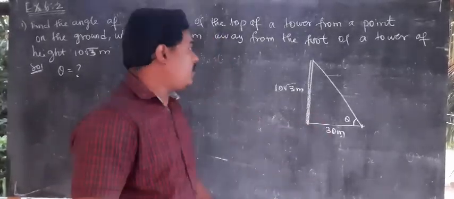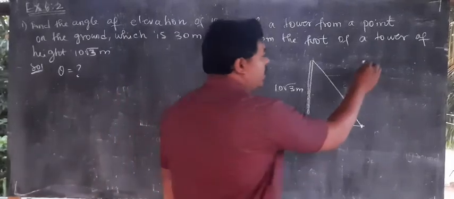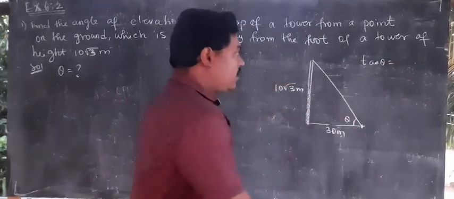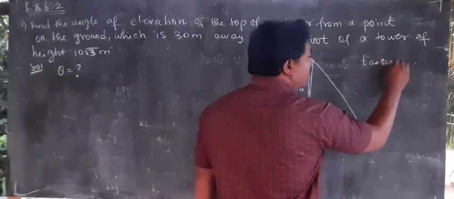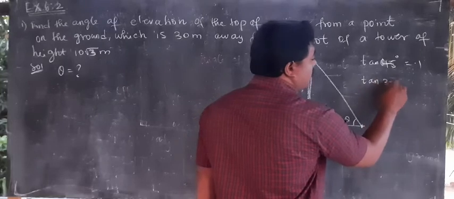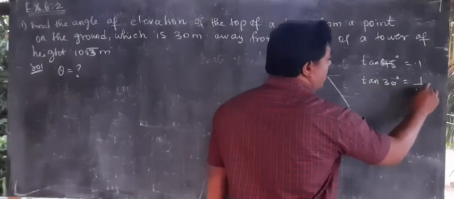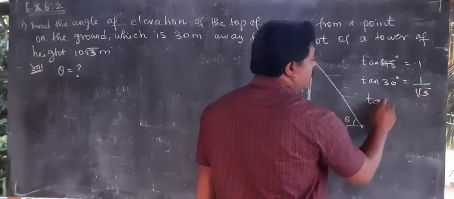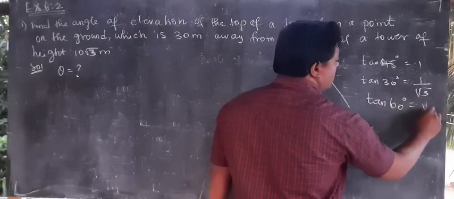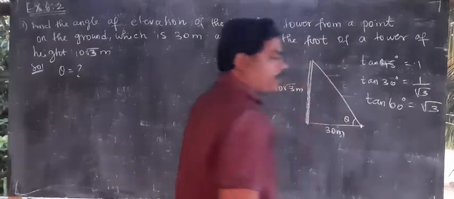Right? So one thing here we need to remember: tan 45 degree equal to 1, tan 30 degree equal to 1 by root 3, tan 60 degree equal to root 3.